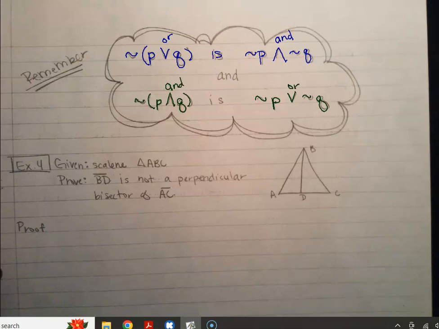It's interesting, but you have to remember that. If you're negating an or, you're going to have to use an and. If you're negating an and, you're going to use an or statement in the negation. Okay, so that's good memory to have. Pull back. Okay, so let's look at example 4.